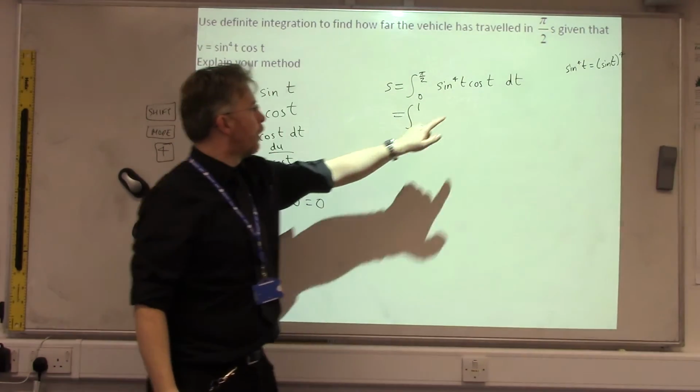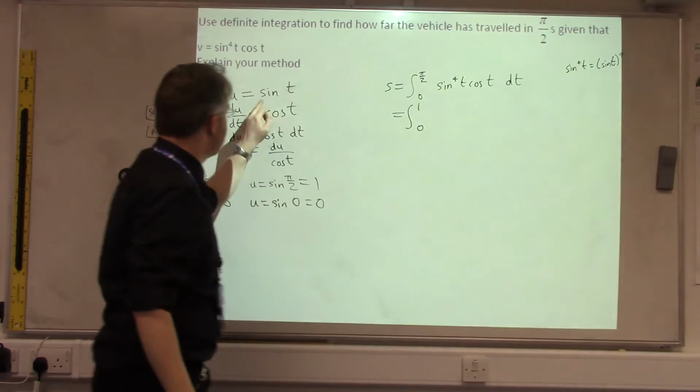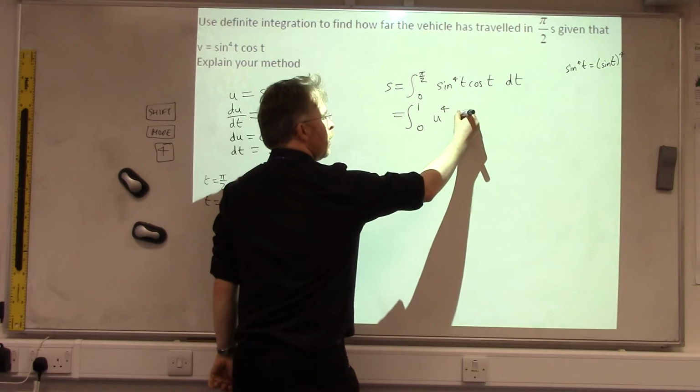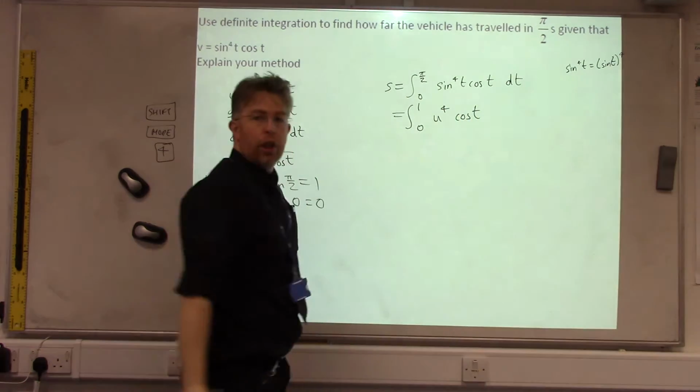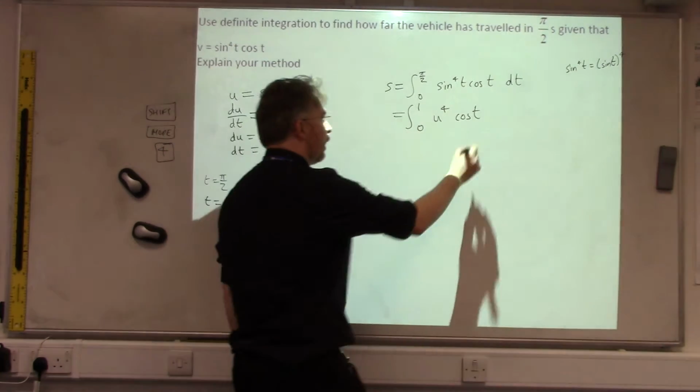Sine to the power of 4t, well, that means sine t to the power of 4. Sine t is now u, so it's u to the power of 4, times cos t, and then the dt gets replaced with du over cos t.